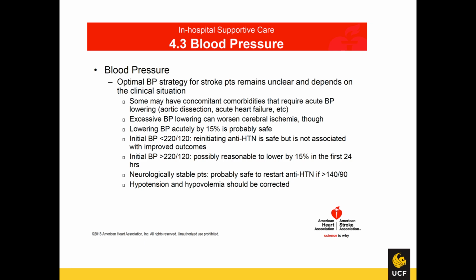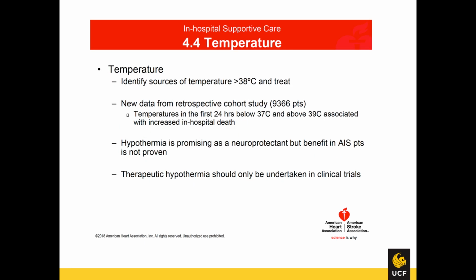If the initial BP is less than 220 over 120, then reinitiating antihypertensive therapy is safe but not associated with improved outcomes. But if it's greater than this, then it's reasonable to lower it by 15% in the first 24 hours. In neurologically stable patients, it's probably safe to restart an antihypertensive if they're greater than 140 over 90. And obviously, like we mentioned before, hypotension and hypovolemia should be corrected.